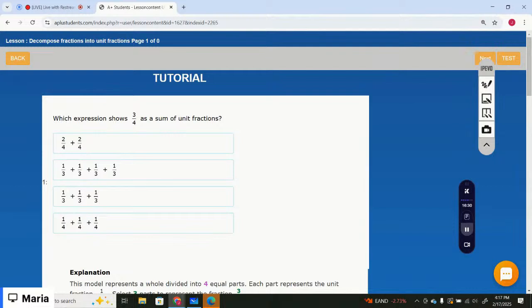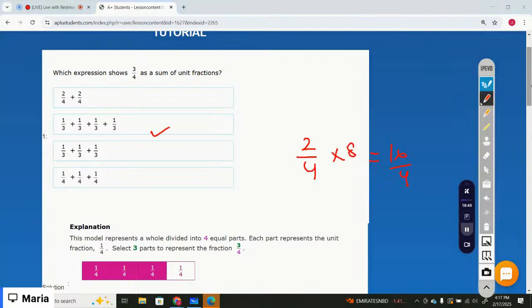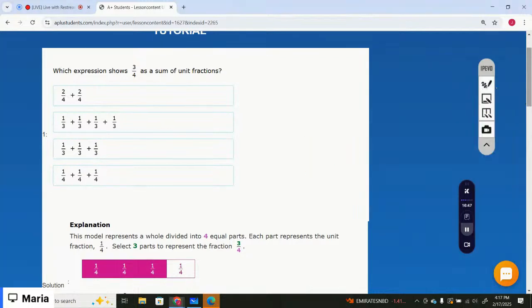Which expression shows 3 by 4 as a sum of unit fractions? So 3 by 4 it is. How can you decompose? When you decompose a fraction, the denominator must be the same. You cannot change the denominator. You can just decompose the numerator, like you have 3.